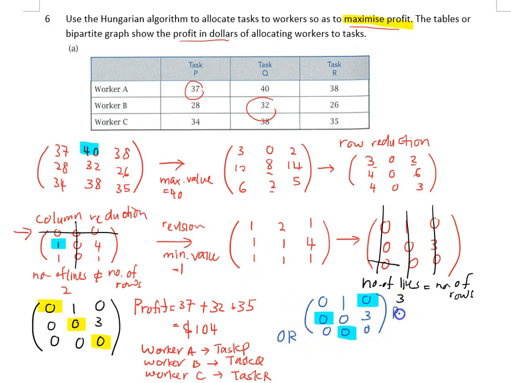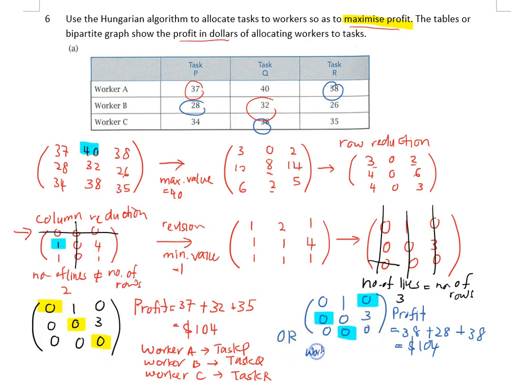Okay, so my profit is equal to 38 plus 28 plus 38. Referring back to the original, I still get $104. That means either this answer or the blue color answer is also correct.